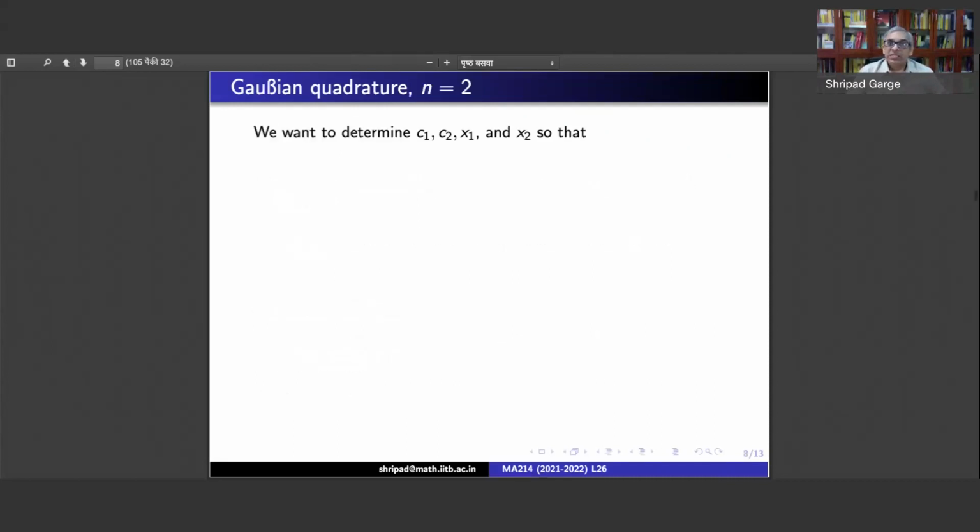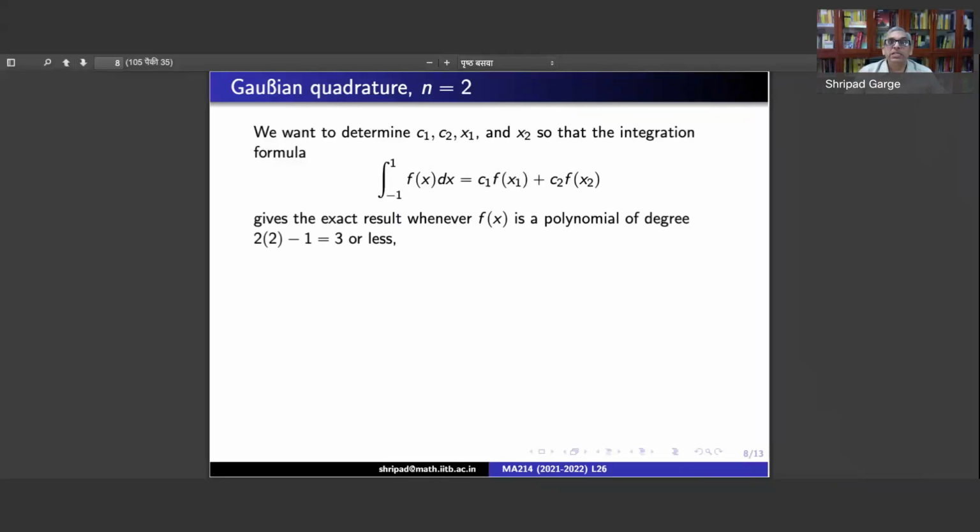So these are the constants that we want to determine: c1, c2, x1 and x2, such that this formula, integration from -1 to 1 of f(x) dx equal to c1 f(x1) plus c2 f(x2), is exact for polynomials of degree 3, that is 2n minus 1. N is 2, 2 into 2 is 4, 4 minus 1 is 3.